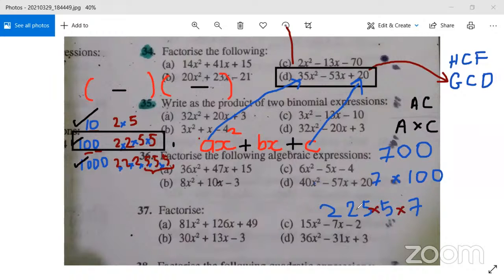All right. Now we have to figure out what combination of these would result in us getting 53, right? So that's really what we're looking for.